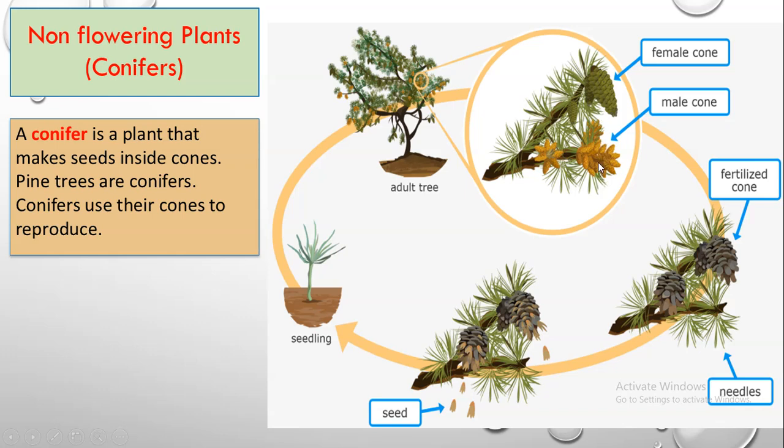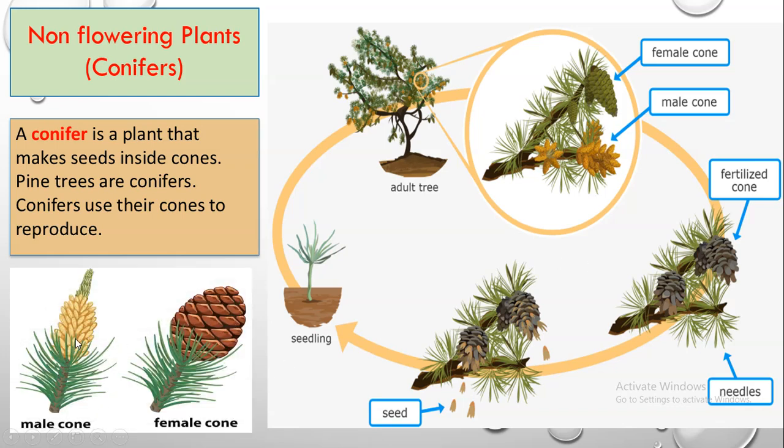Now, pollen will move from male cones to female cones. Look at this picture. This is a male cone and this is a female cone. Now, the pollen will fall onto a female cone by the wind. And seeds will be formed.